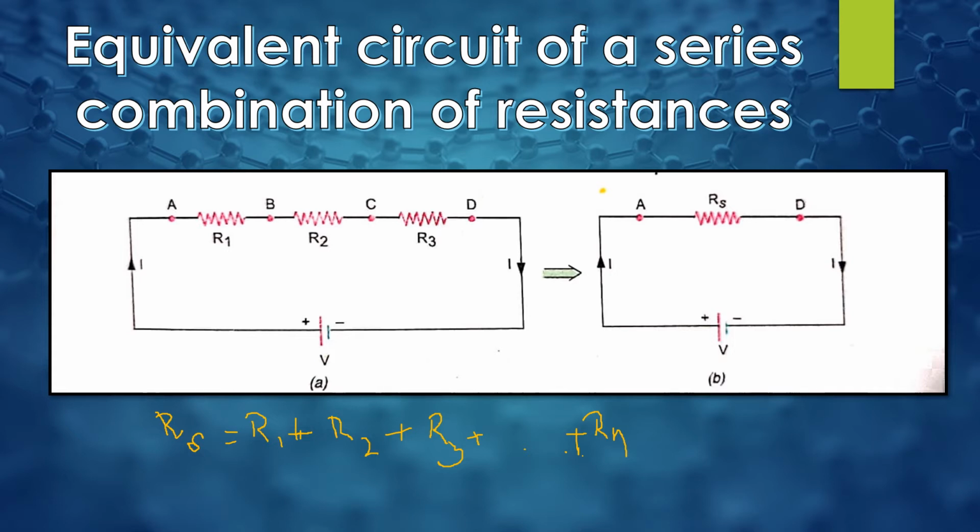Here n is the number of resistors which are connected in series. This shows that the effective resistance of a series combination of resistors is the sum of the individual resistances of the resistors in the combination. Here you can see an equivalent circuit of a series combination of 3 resistances R1, R2 and R3 across a cell. This is the equivalent resistance which is given by Rs.